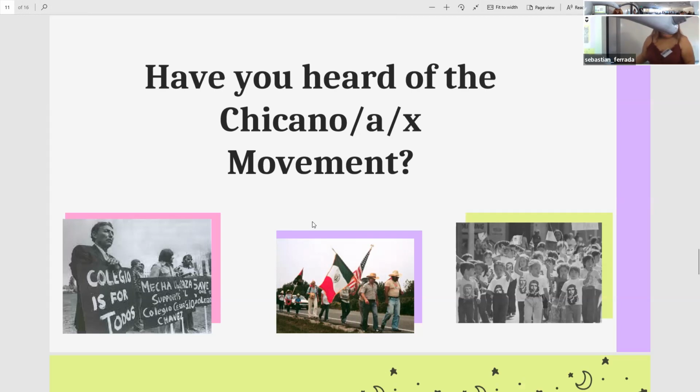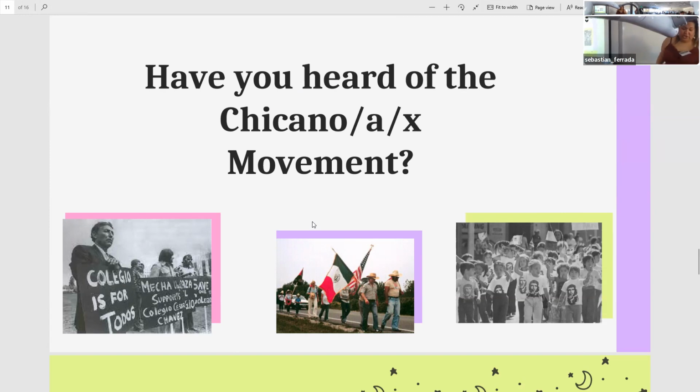If you look at the screen, the first picture was taken in the 1960s, and it shows a group of fathers protesting and fighting for equal educational rights for their children.